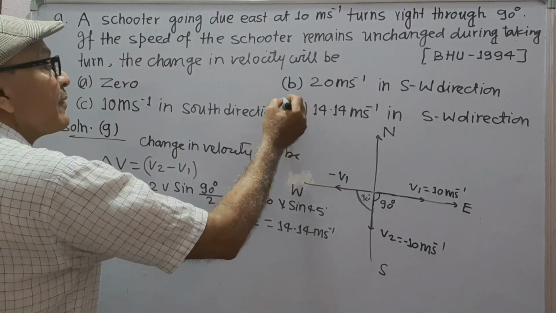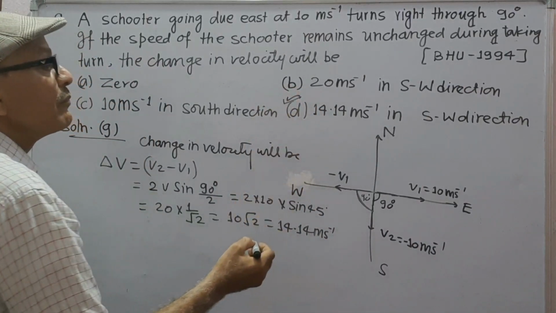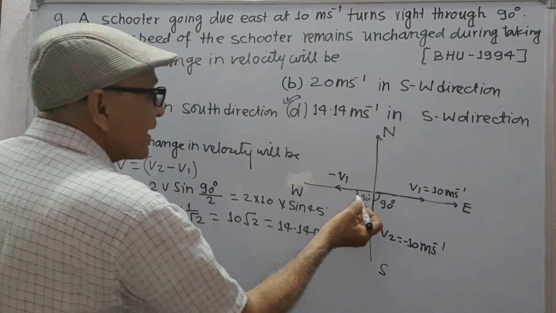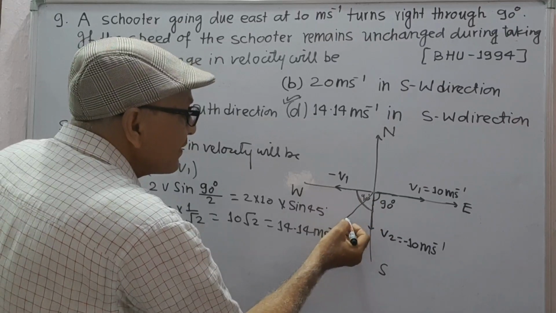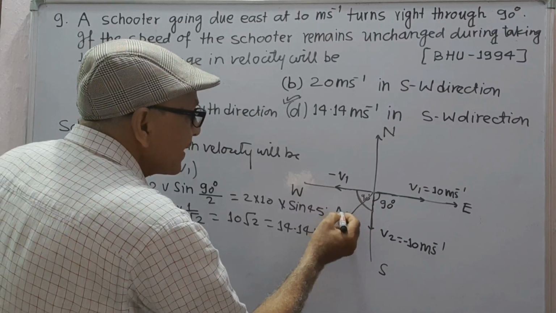So the correct option will be D. Direction will be in between these two. This will be the direction of delta V.